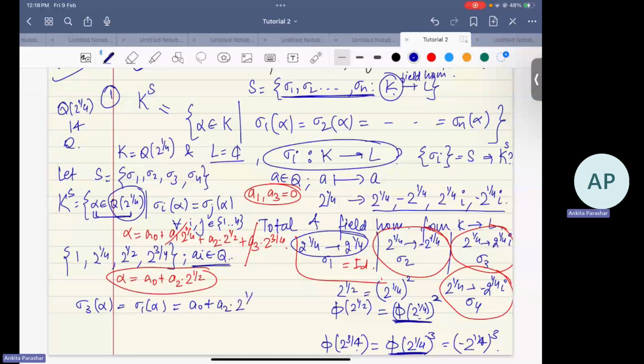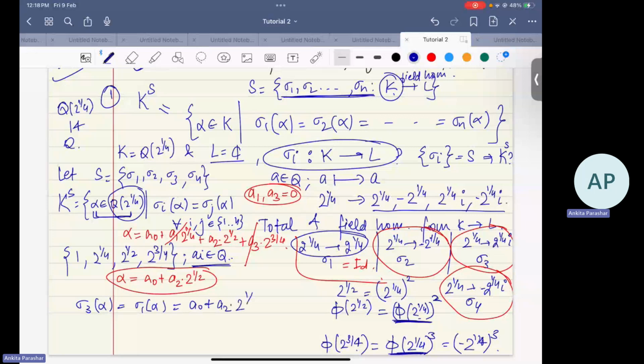Yeah, so I'll just remove all these side calculations. So what we got is exactly like this. And we want to say that A0 minus A1 2 power 1 by 4 plus A2 2 power 1 by 2 minus A3 2 power 3 by 4 has to be the same as sigma 1 of alpha, but sigma 1 of alpha is the same as alpha, because the identity map does not change anything.